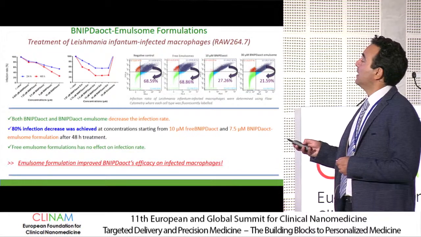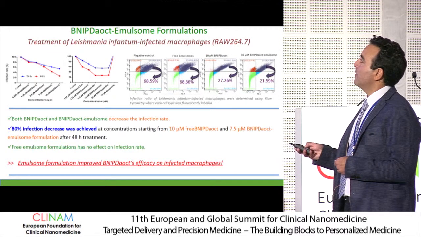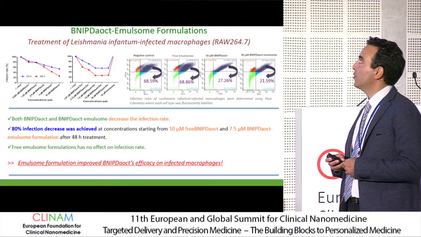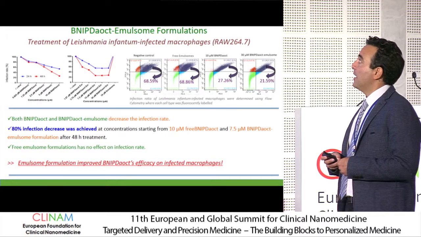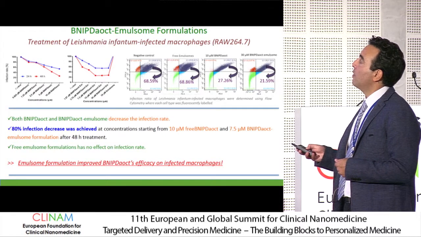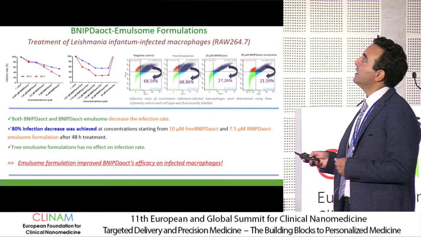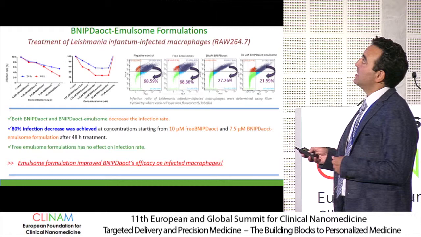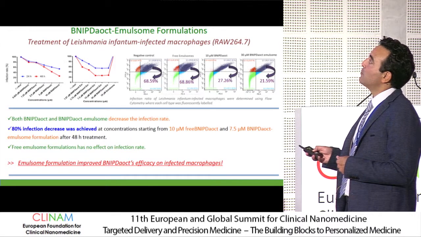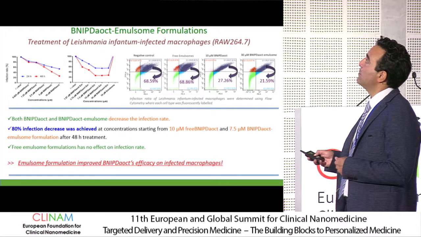And the infection ratio of Leishmania infantum infected macrophages was determined using flow cytometry, where we saw the percentage of infected macrophages at negative control was nearly 69%. When treated with free emulsions, it remained the same.